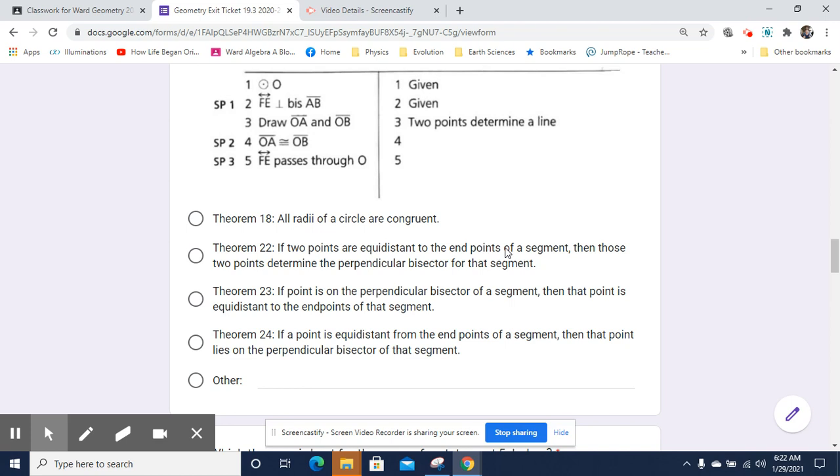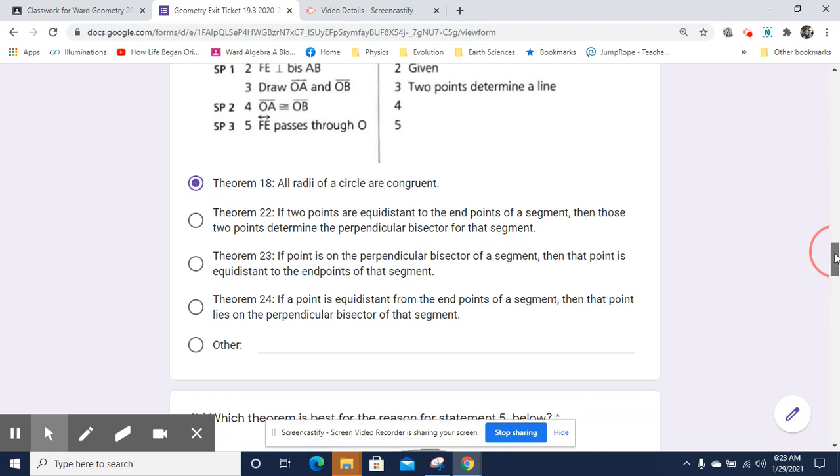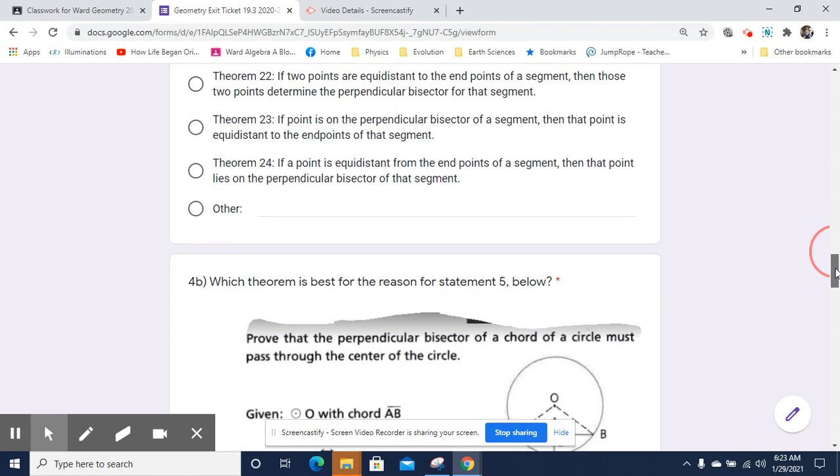If 2 points are equidistant, we don't know that they're equidistant. We're saying they are. We had to prove that. We don't yet know that they're on the perpendicular bisector, so we can't use 23 and 24 yet. So it's a circle. They all extend to the edge of the circle from the center of the circle. So it's Theorem 18. All radii of a circle are congruent.